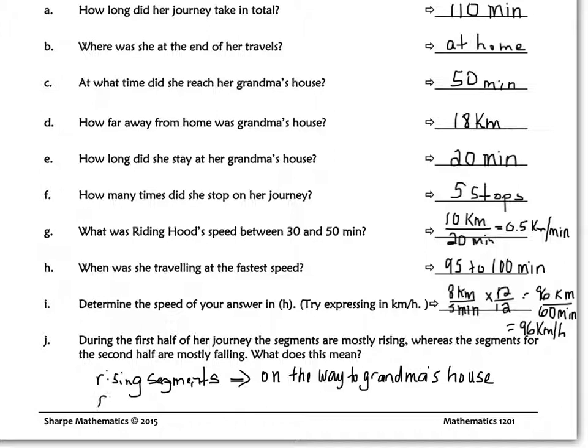And the falling segments would indicate that she's on her way back home, because the distance is decreasing and the segments are falling.